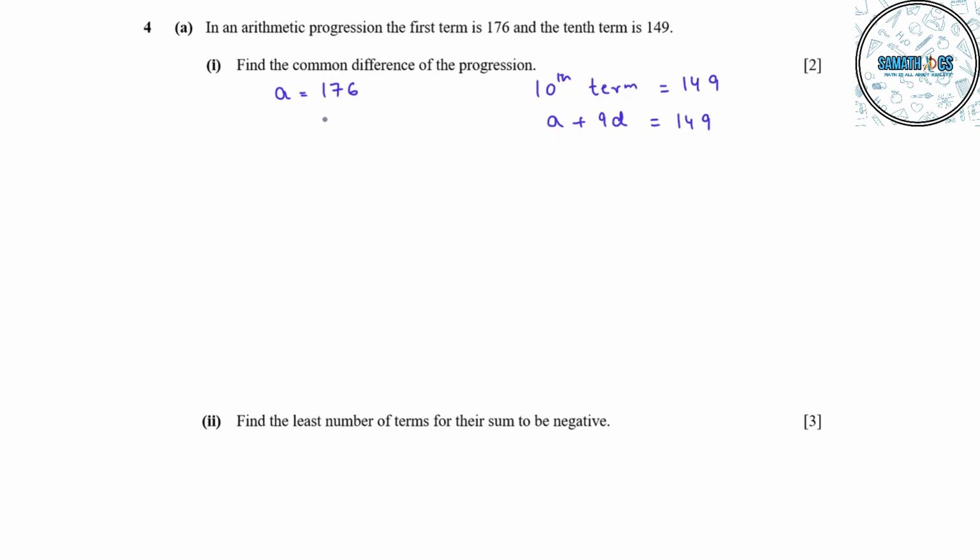Now, as a is already given, we can substitute the value of a here as 176 plus 9d is equal to 149. So 9d is equal to 149 minus 176, which is minus 27, and d is equal to minus 27 divided by 9, which is minus 3.